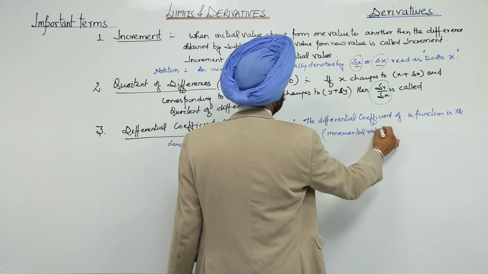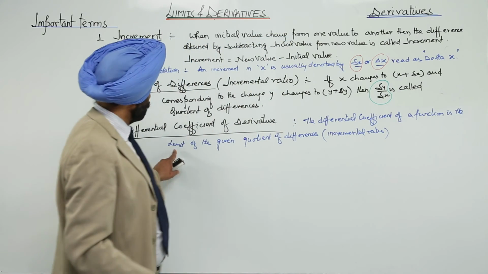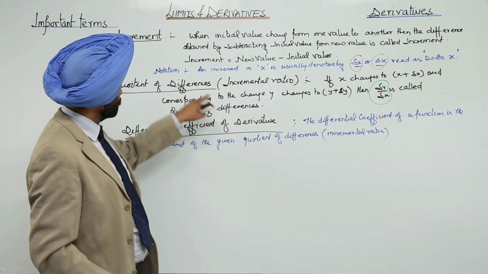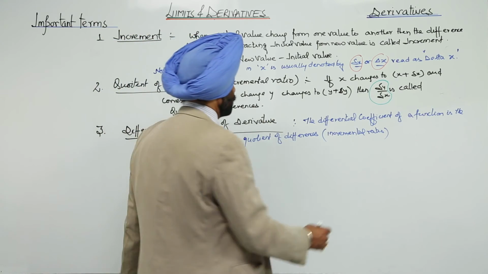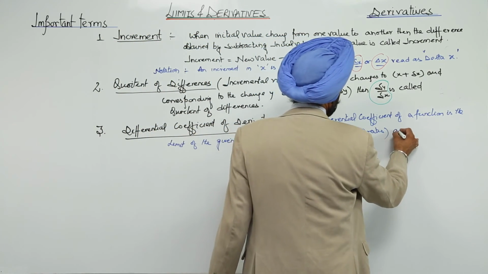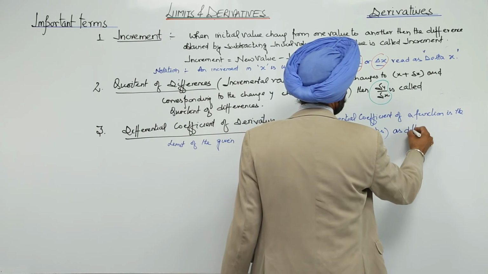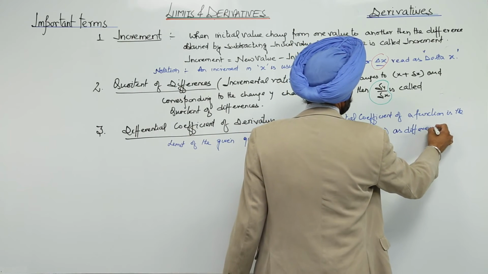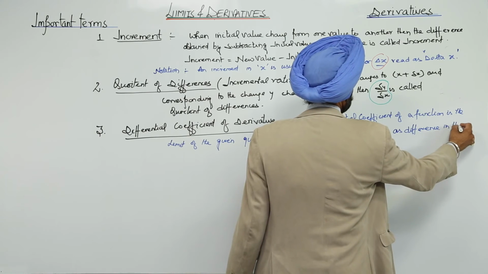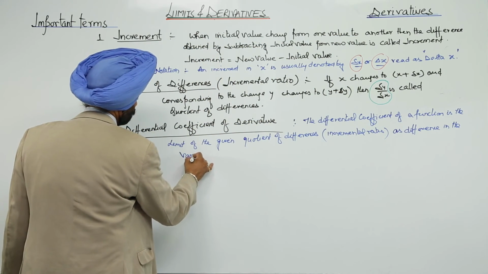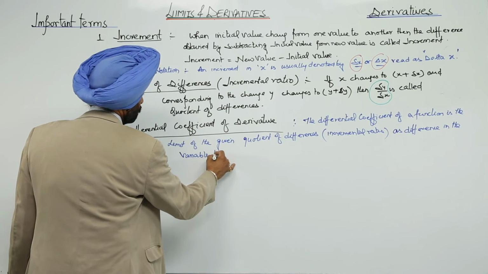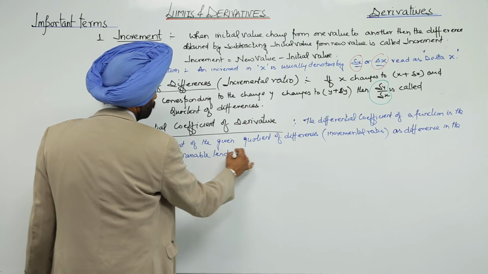Second step, limit of the given quotient of differences is this one. That is why I have used the word given. Given quotient of differences, that is incremental ratio, as the difference in the variable tends to 0.